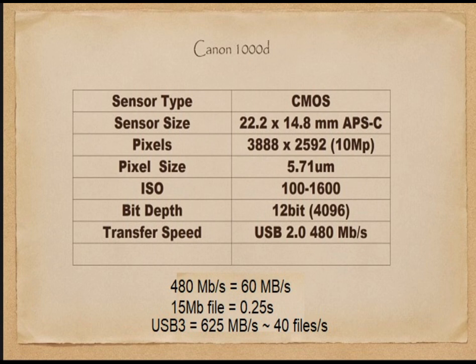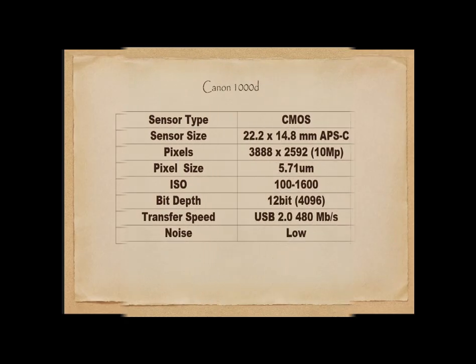For planetary work, however, I use a much faster camera which has a USB 3 output, which is 625 megabytes per second, so I can export about 40 files per second, which is required when taking shots of the moon or planets.